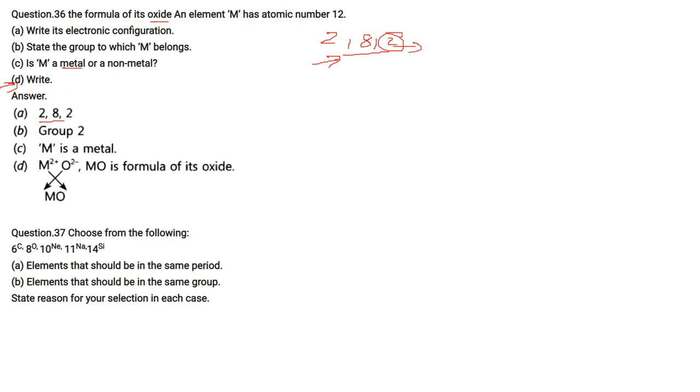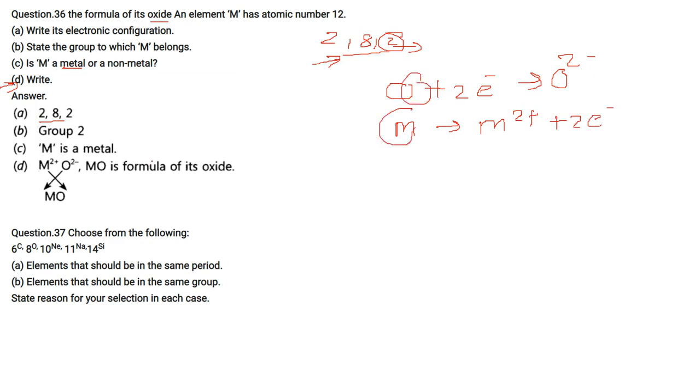To write the formula of its oxide, oxygen will take 2 electrons to form O2 minus. When M loses 2 electrons, it becomes M2 plus. So the formula will be simply MO. This MO is the formula of its oxide.